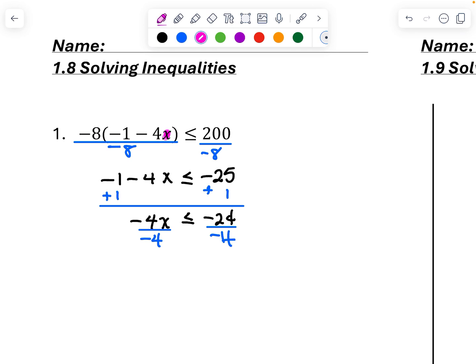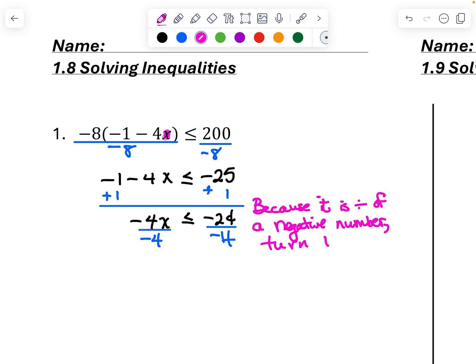Because it is division of a negative number, you need to turn the inequality.